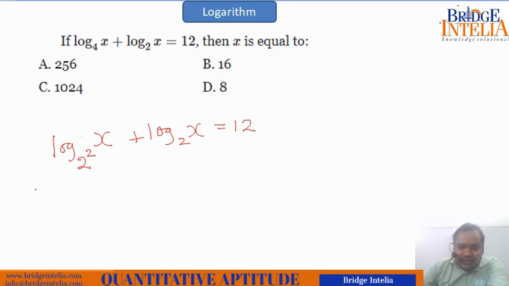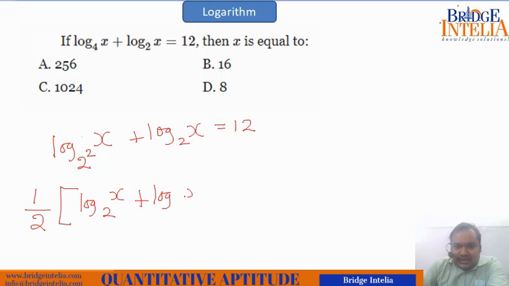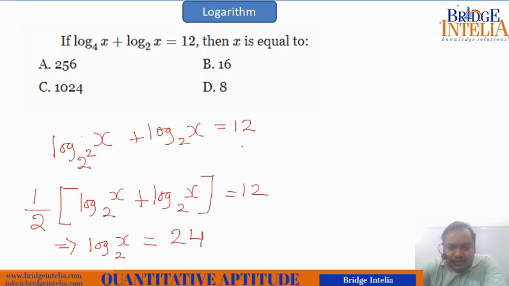So now we can rewrite this as half, because the power I am taking outside comes in reciprocal format. Log x to the base 2 plus log x to the base 2 is equal to 12. So from here it is very clear that log x to the base 2 is equal to 24.